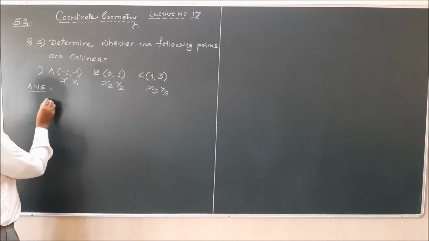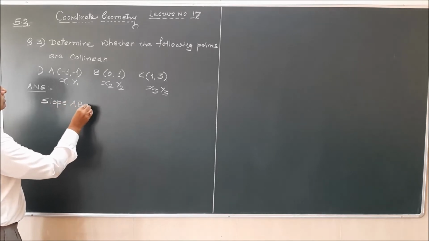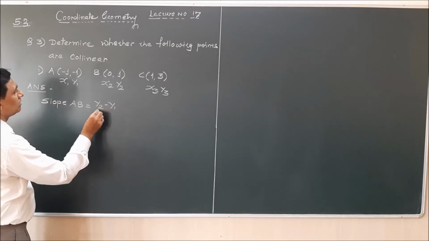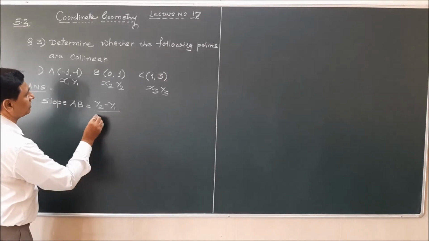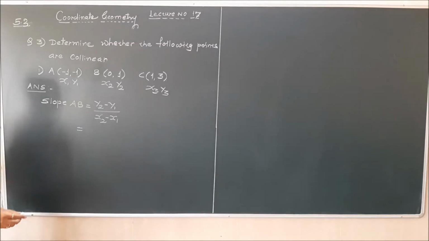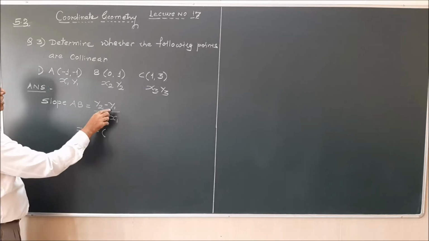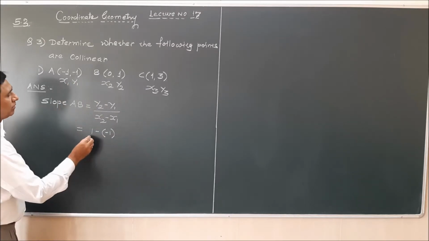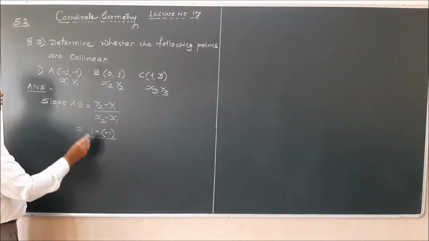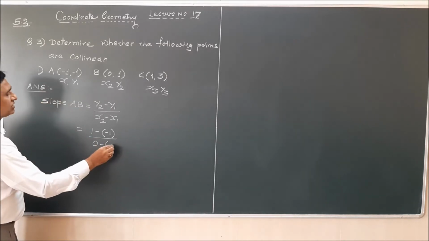So slope of AB is equal to y2 minus y1 upon x2 minus x1. What is the value of y2? y2 is 1, minus the value of y1, which is minus 1, upon x2 minus x1. x2 is 0 minus the value of x1, which is minus 1.